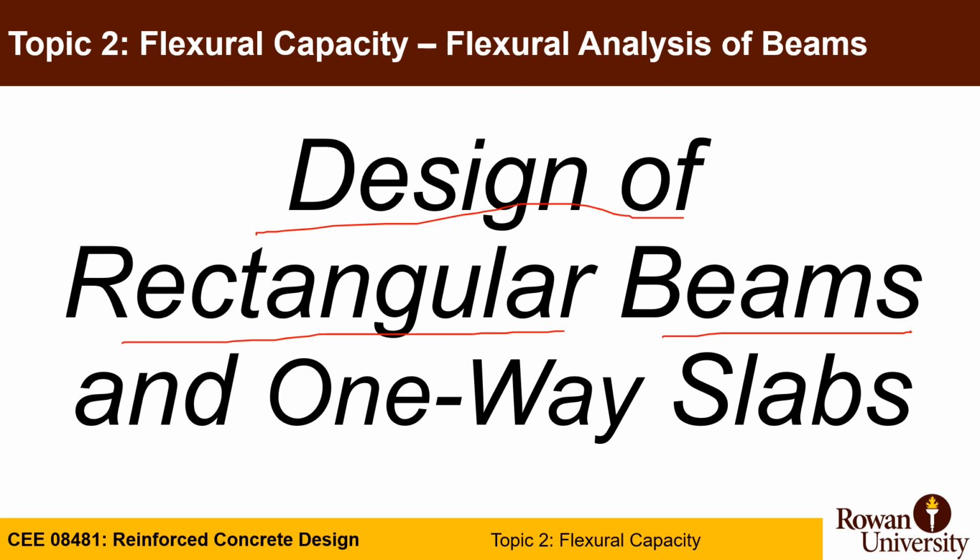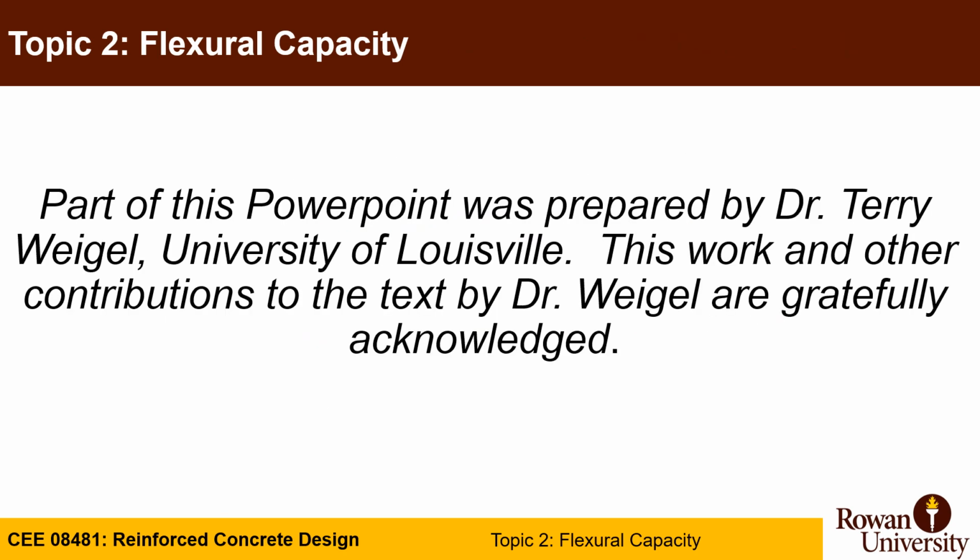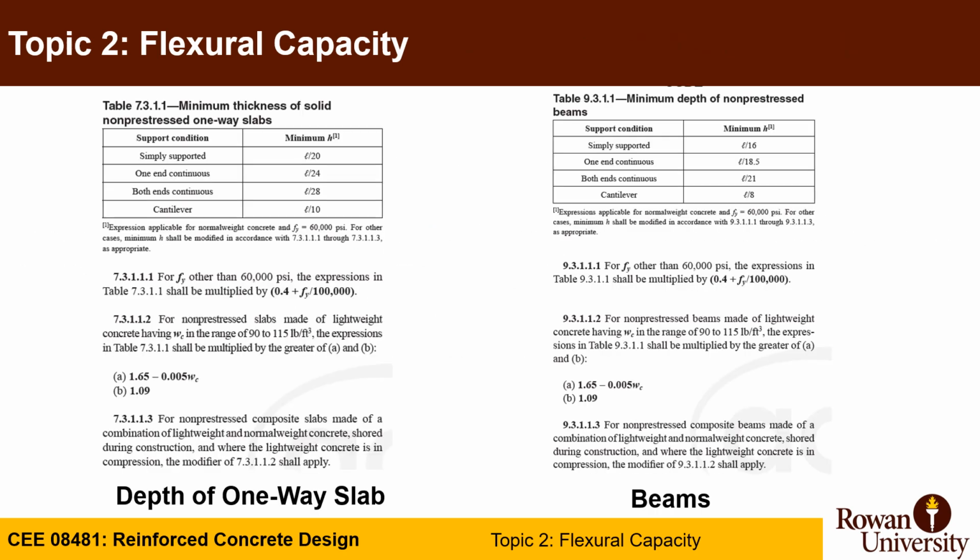So before we dive deep into this part of the recording, let's recap what we did before. Every time we ask you to calculate phi Mn for a cross section, which is the ultimate strength of a cross section, we always provide you with everything.